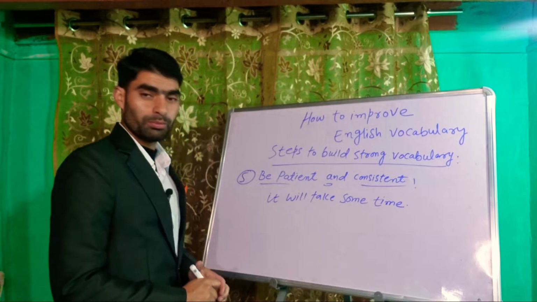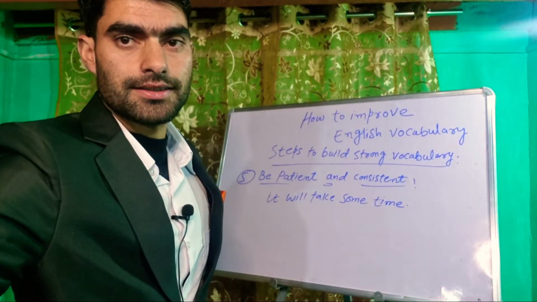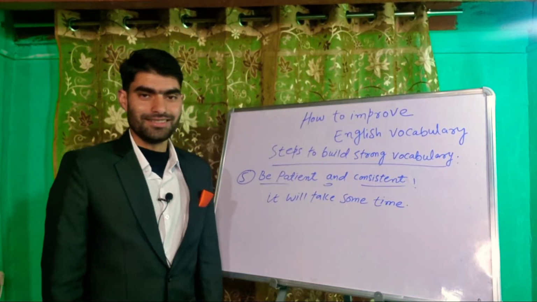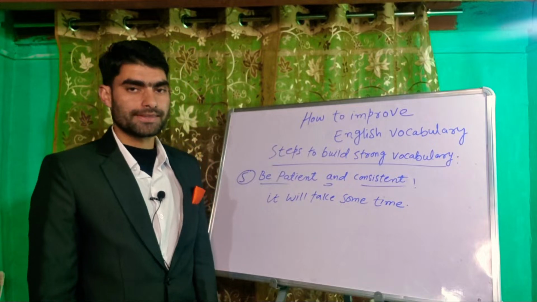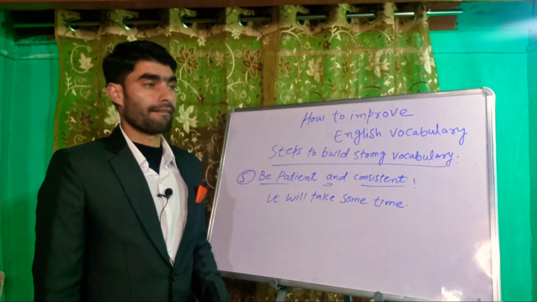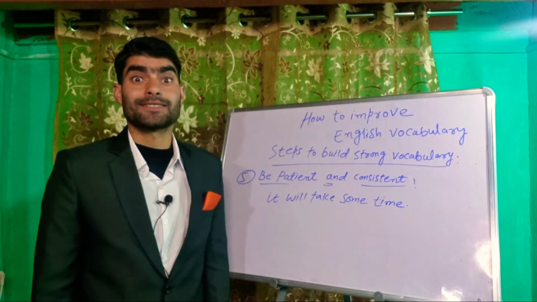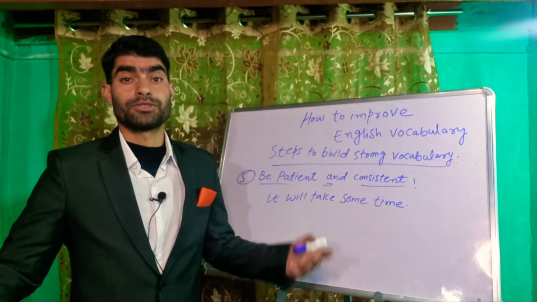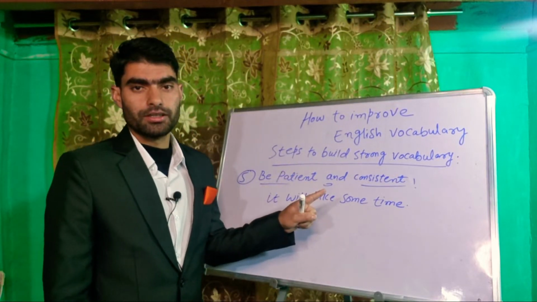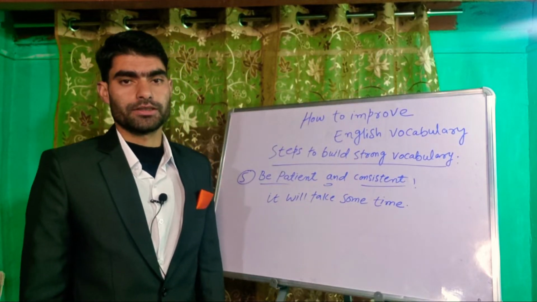That's why you have to be patient and consistent. Consistency is the game of winning. Consistency is the game of becoming successful. Being patient and being consistent, these are two skills or traits or qualities of a successful person, a successful student. If you are not consistent and patient, you will not become a successful English speaker.